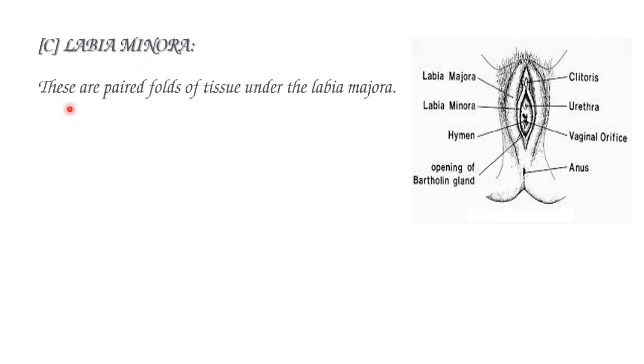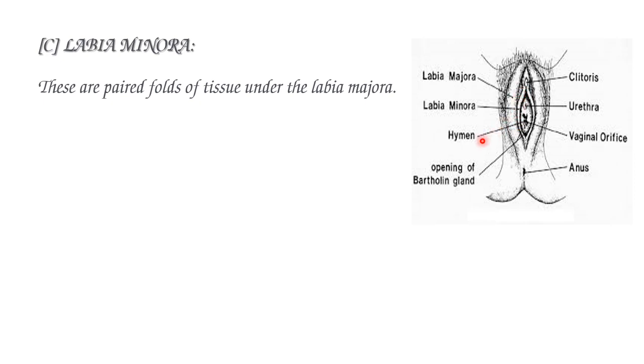Labia minora. These are paired folds of tissue under the labia majora. This region is the labia majora, and under the labia majora, the paired folds are called the labia minora.